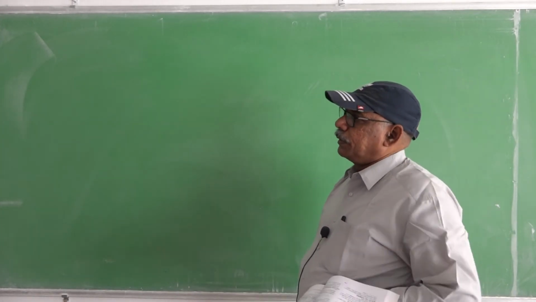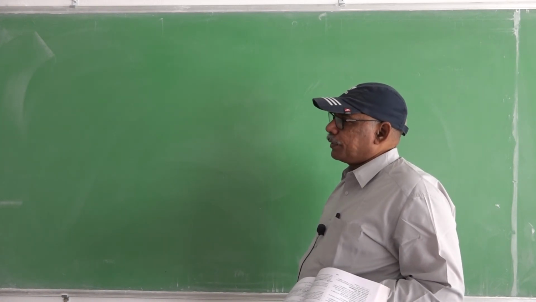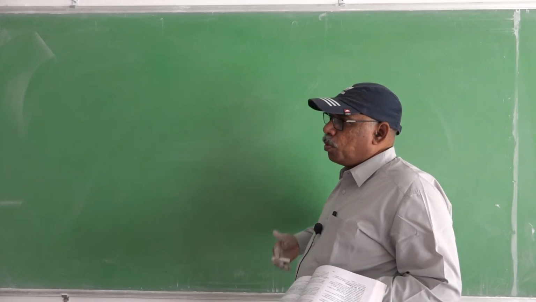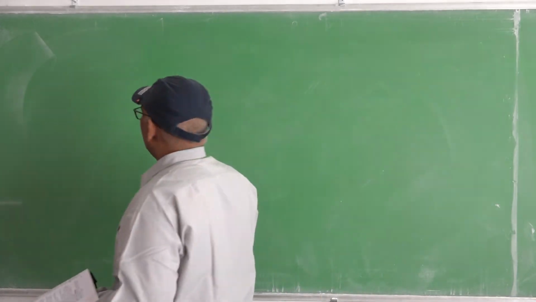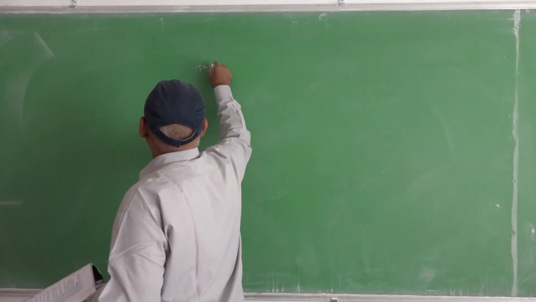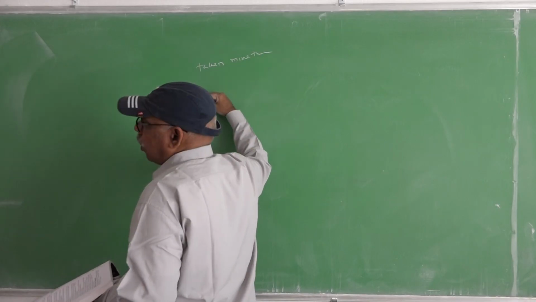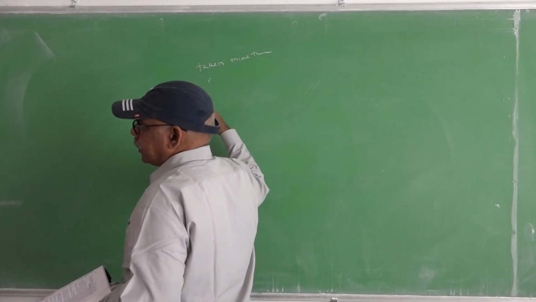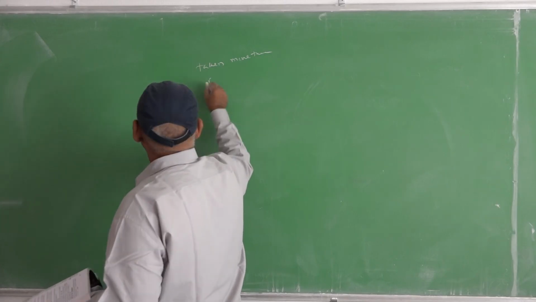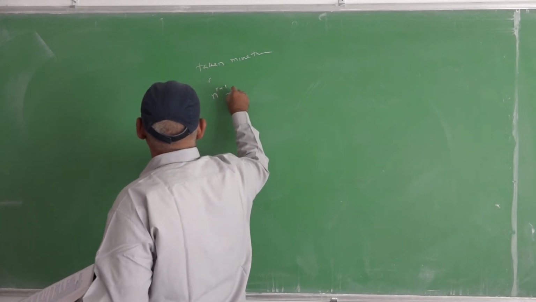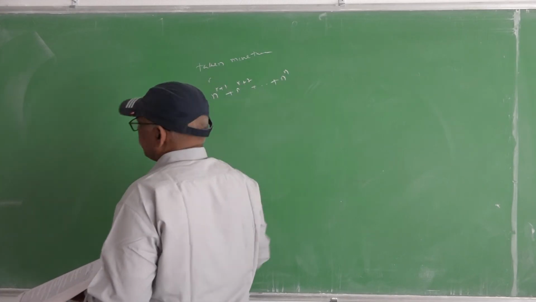Once the repetition is allowed and out of n different things taken not more than r at a time, instead of not more than, taken more than r at a time. More than r at a time is, if repetition is allowed, the number of permutations of n different things in a row is n power r plus 1, n power r plus 2, like that you can take up to n power n.